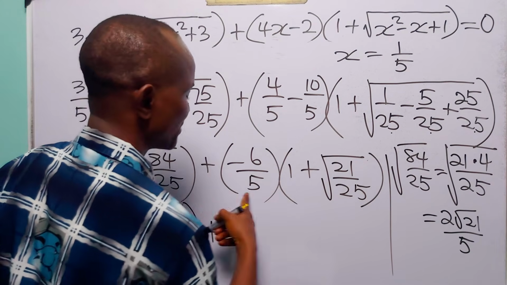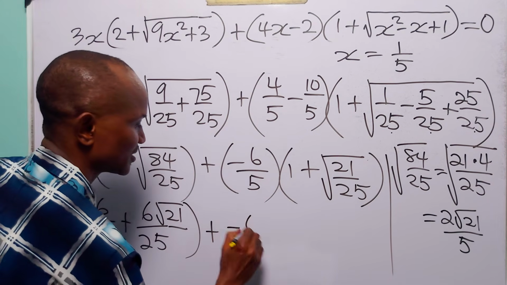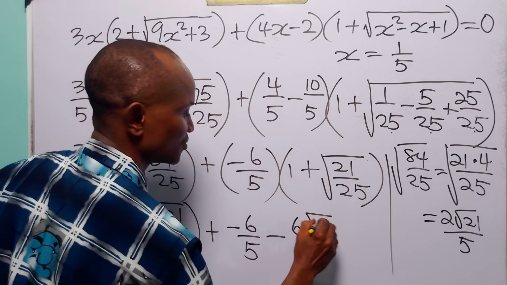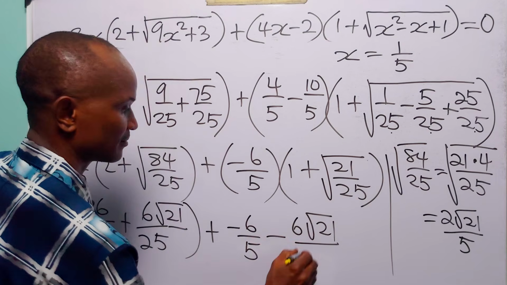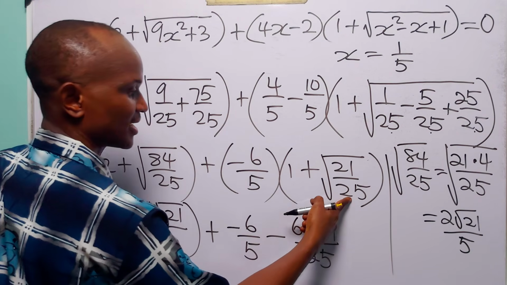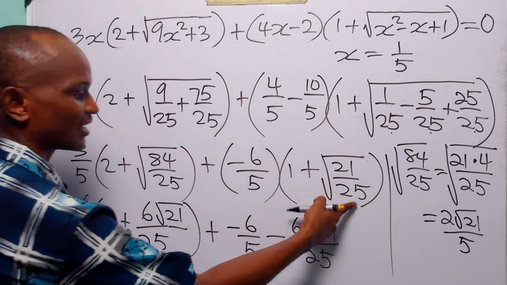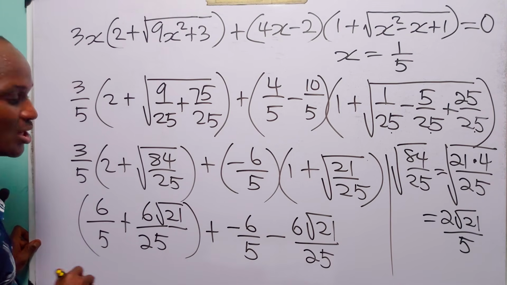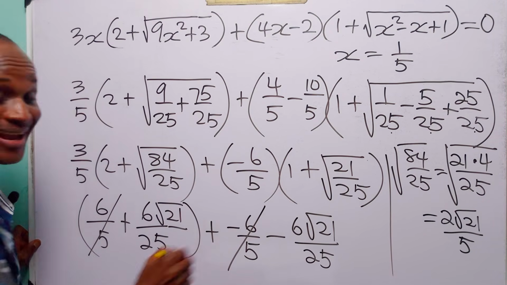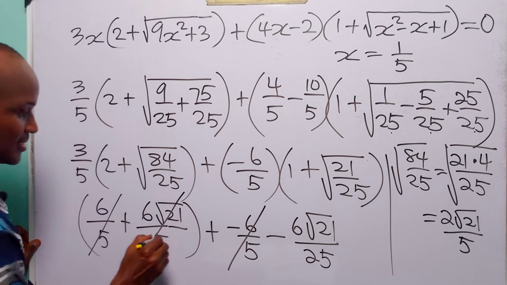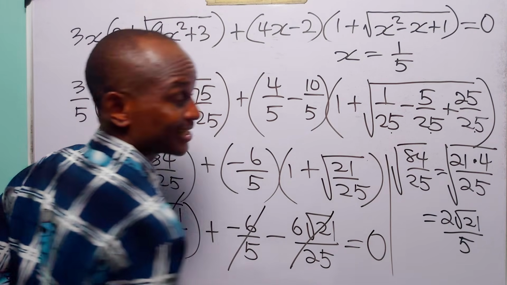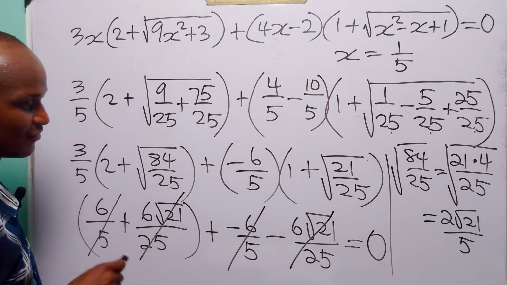Plus, now opening this bracket, we have minus 6 over 5 minus 6 root 21 over 25. Of course, you know that the square root of 25 is 5 and 5 times 5 is equal to 25. Now, this is going to take care of that and this is going to take care of that, leaving us with 0, which is exactly what we have on the right hand side of the equation.